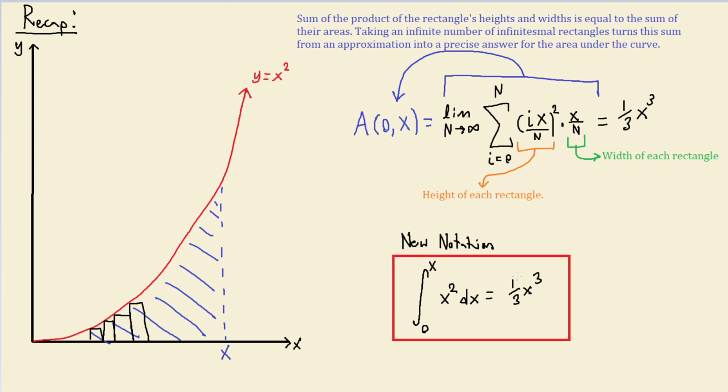And what we found when we evaluated that was 1/3 x cubed. So this notation is just a way of expressing the limit of these Riemann sums as n goes to infinity, and is a way to denote the precise answer for the area under the curve from some lower bound, which in this case is 0, to some upper bound x.